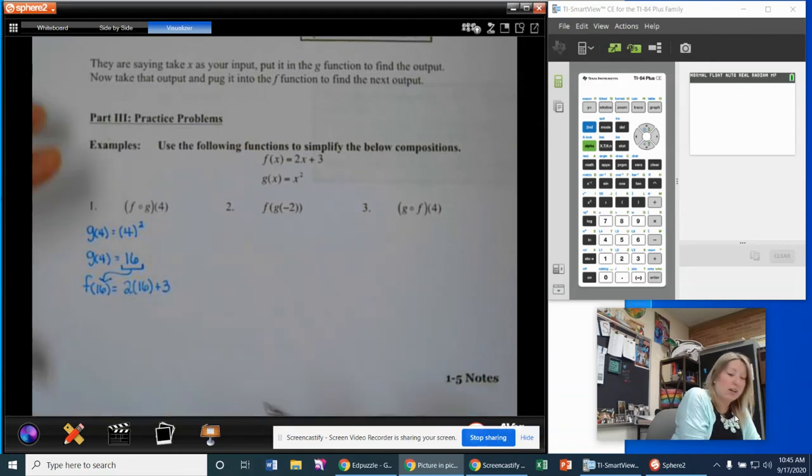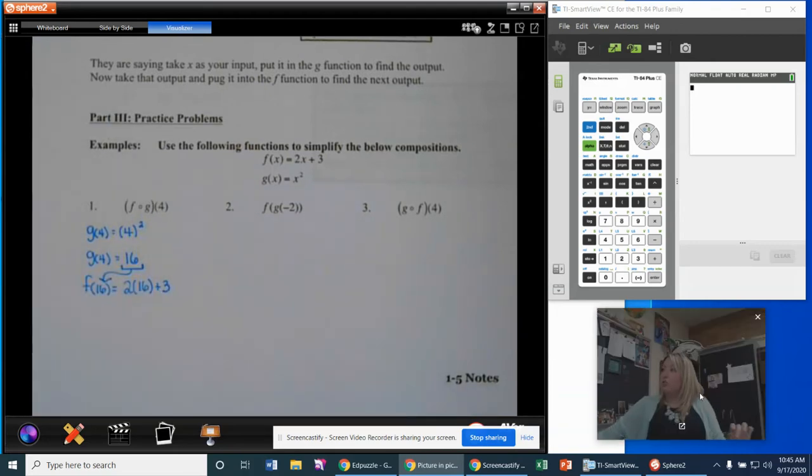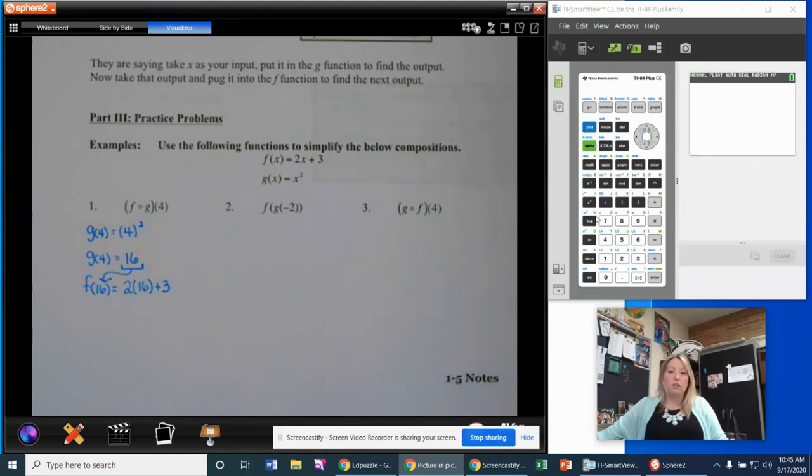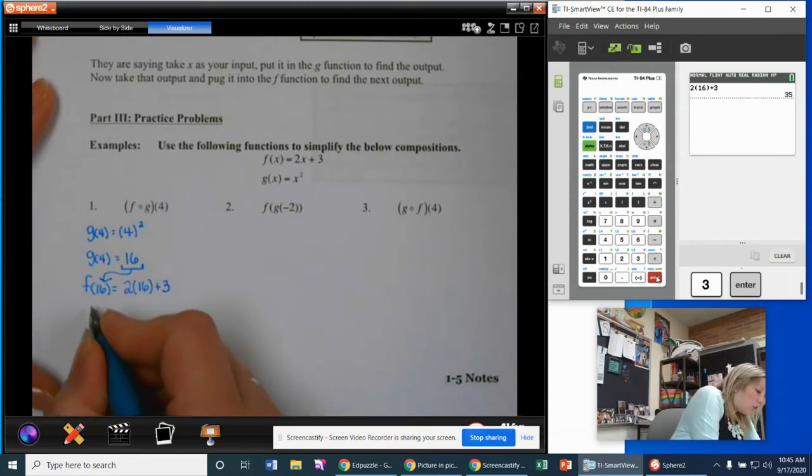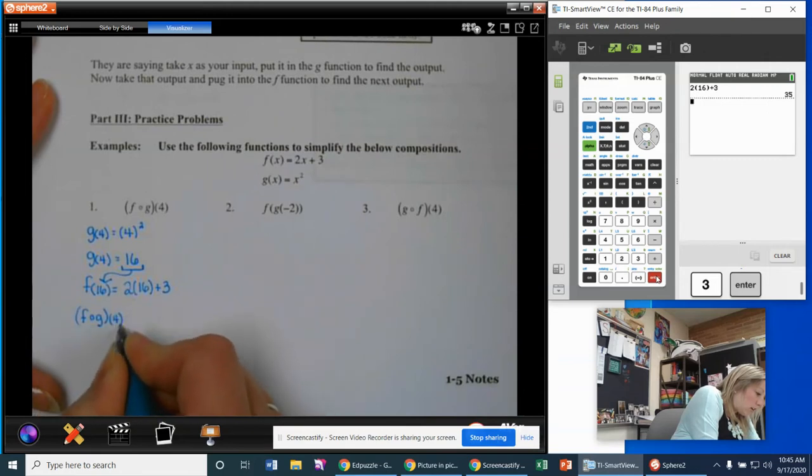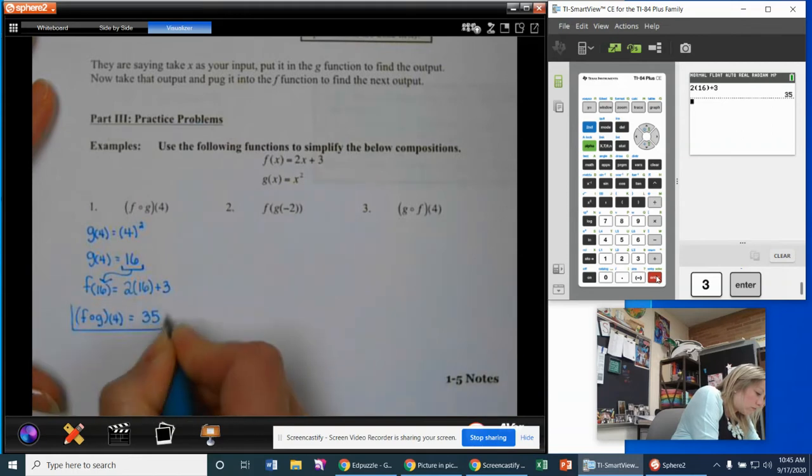While I can easily do this in my head, I want you to get used to seeing me use this little emulator over here. 2 times 16 plus 3 is 35. So the answer to f of g of 4 is 35.